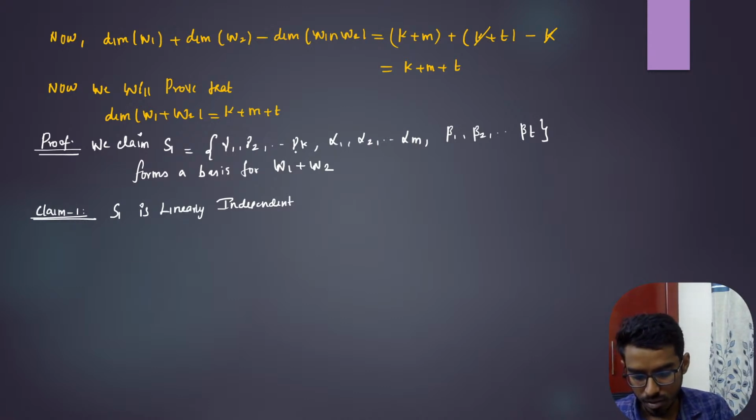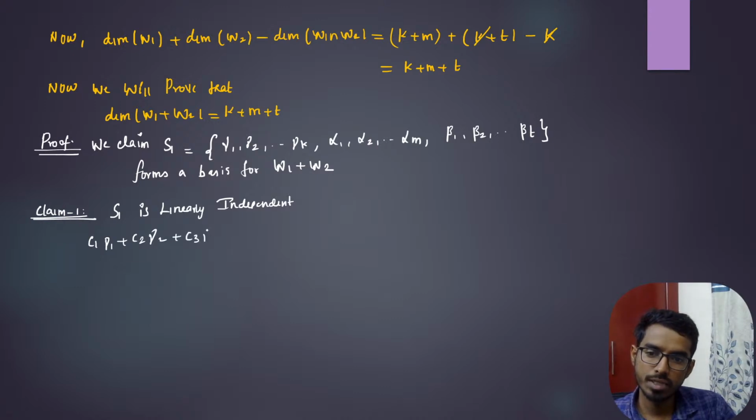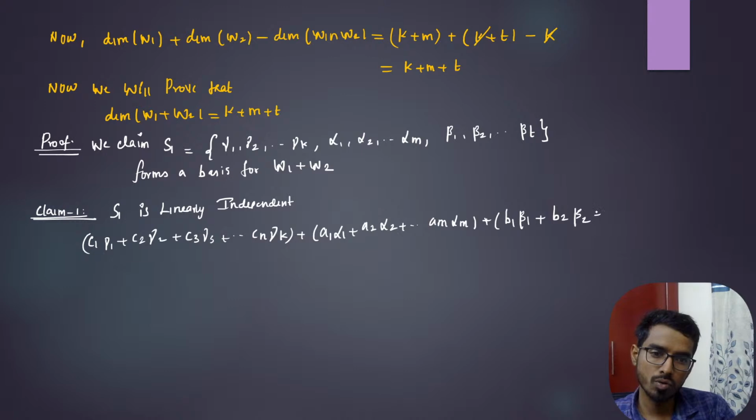So we take C1 gamma 1, C2 gamma 2, C3 gamma 3, and so on up to Ck gamma k, plus A1 alpha 1, A2 alpha 2, and so on up to Am alpha m, plus B1 beta 1, B2 beta 2, and so on up to Bt beta t, equal to 0.